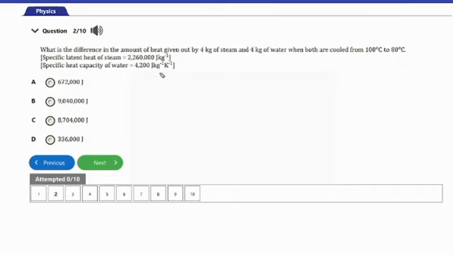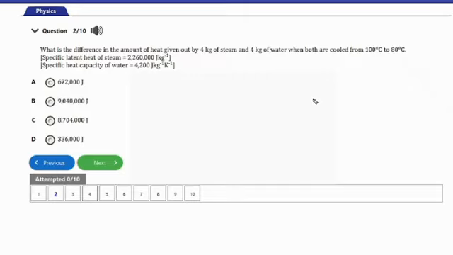The next question here is question number 2. It says, what is the difference in the amount of heat given out by 4 kg of steam and 4 kg of water when both are cooled from 100 degrees Celsius to 80 degrees Celsius?